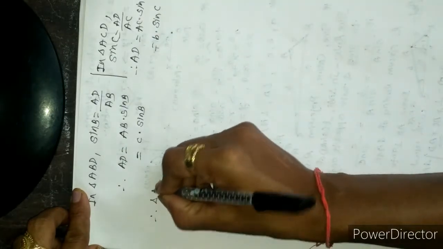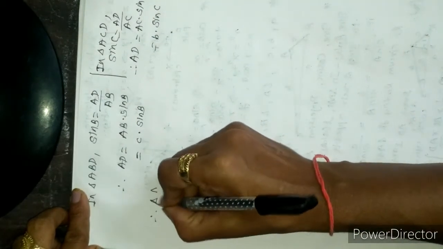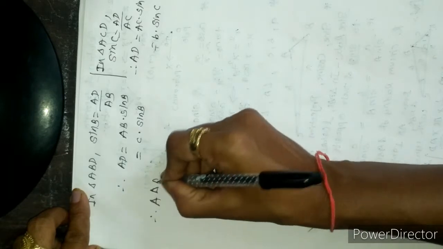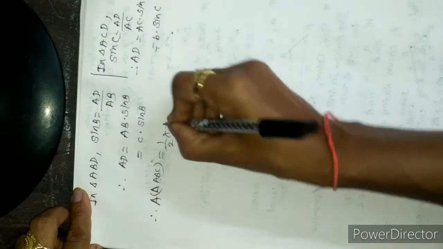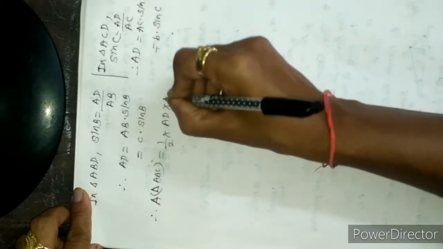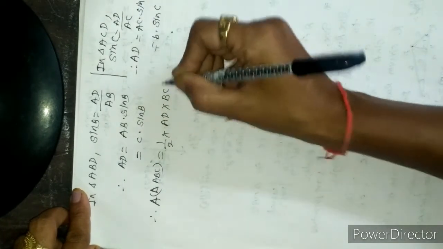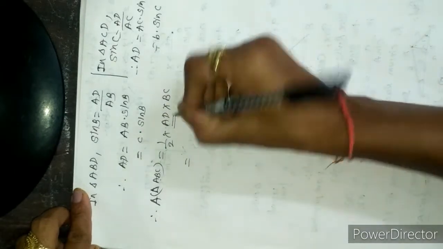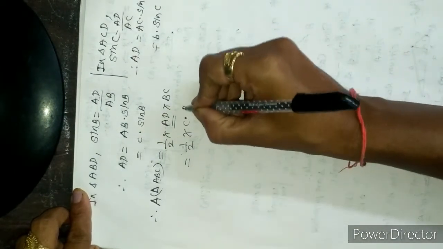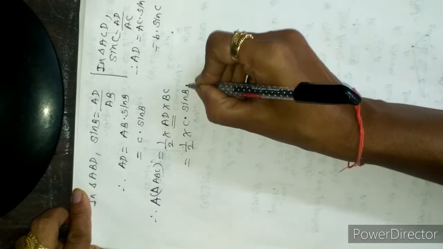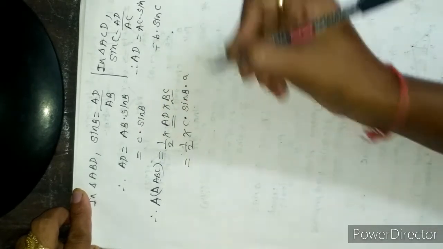Now therefore area of triangle ABC is half AD, where the base is BC. So by using the first triangle we get the value half c sine B, and BC is nothing but small a.